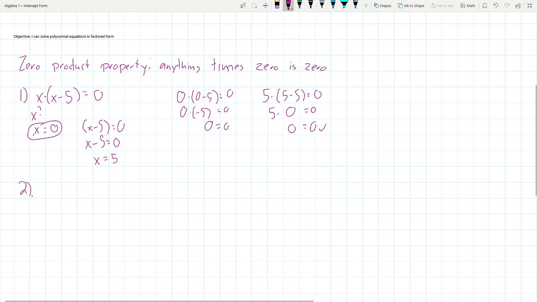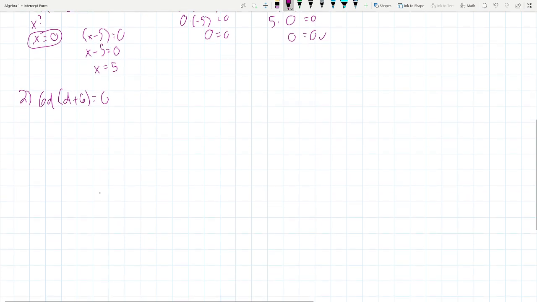In number 2, I have 6d times d plus 6 equals 0. So again, this one seems a little tricky just because we have this number out here. Maybe it's because this is a plus instead of a minus, but the same rules apply.